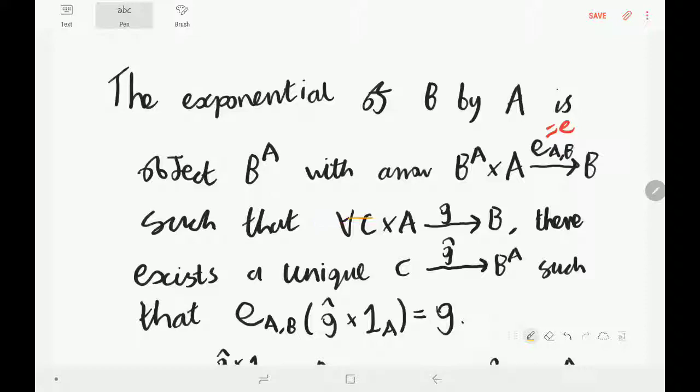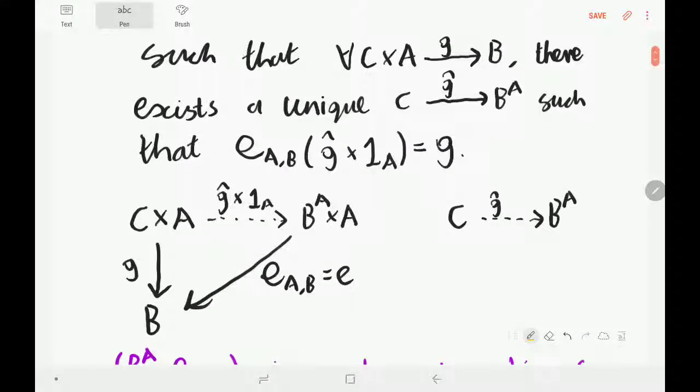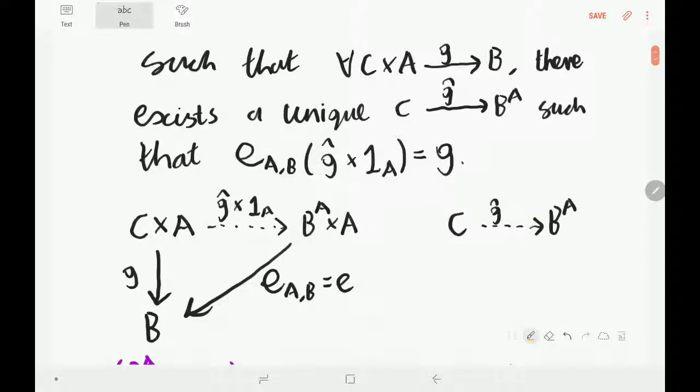For any arrow g from any C times A to B, there has to be a unique arrow g-cup from C to B to the power of A, such that we have this equation holding: e after (g-cup times 1) equals g. So this is the diagram. This is really how we understand what an exponential object is.